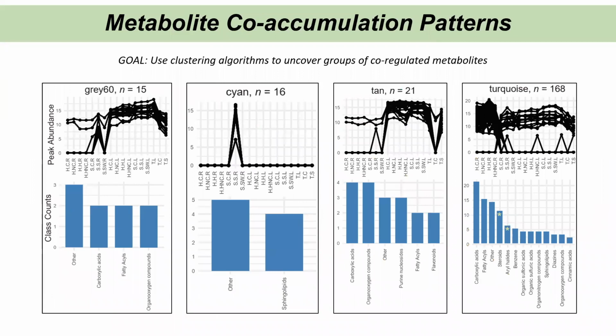One other thing that I wanted to do with CANOPUS is chart metabolite co-accumulation patterns. So I used clustering algorithms combined with CANOPUS to uncover groups of co-regulated metabolites and then annotate the metabolites in these groups. This particular module here is one of a few modules that are interesting to me.